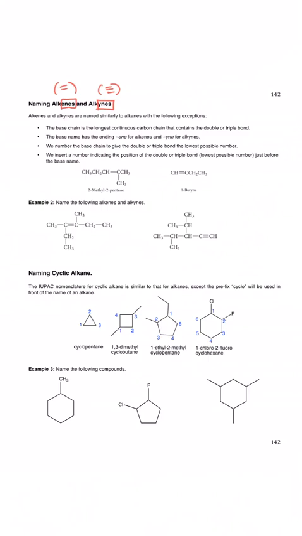So if I count this as number 1 here, 1, 2, 3, 4, 5, it's going to put the double bond into carbon number 3. However, if I count from the other end, 1, 2, 3, 4, 5, it's going to put the double bond on the carbon number 2. So 2 is lower than 3.